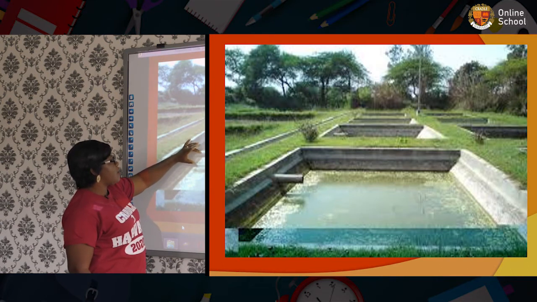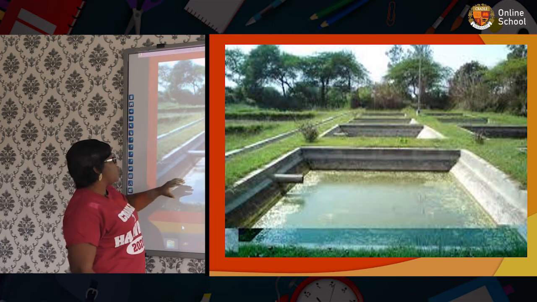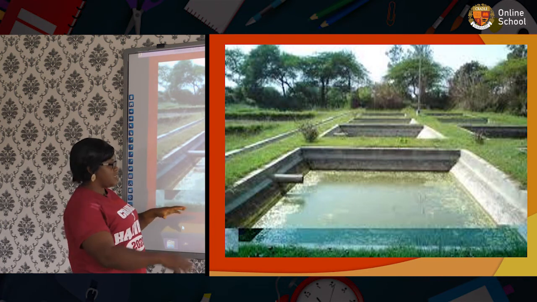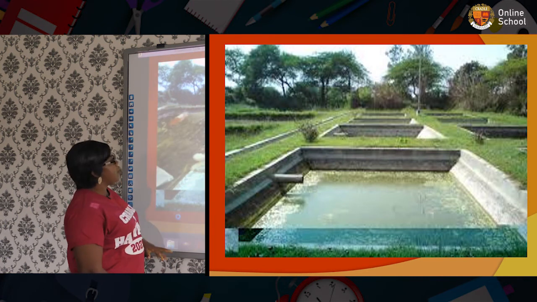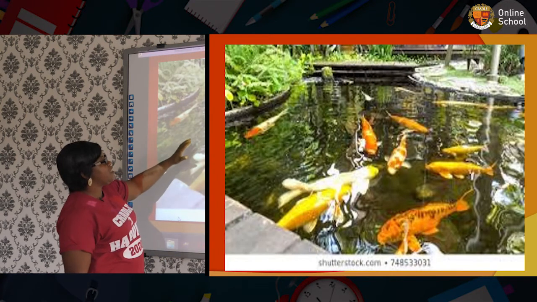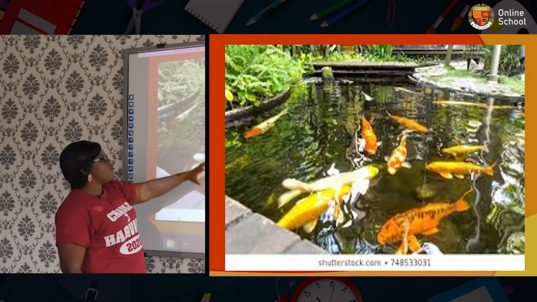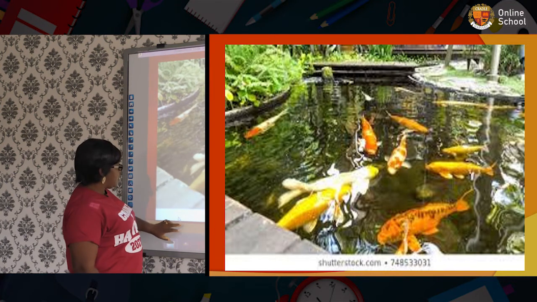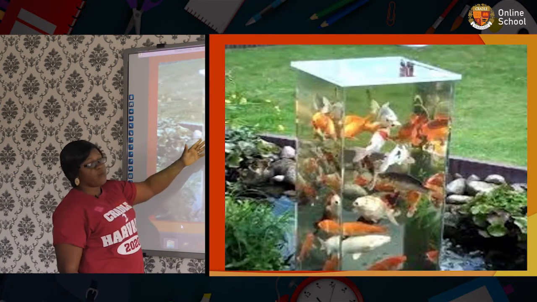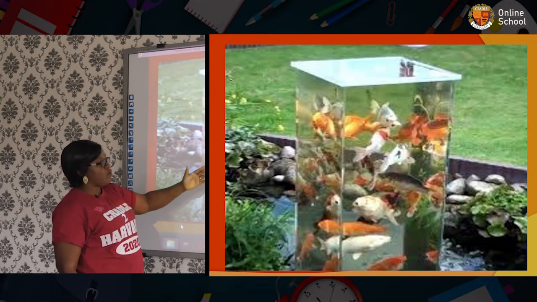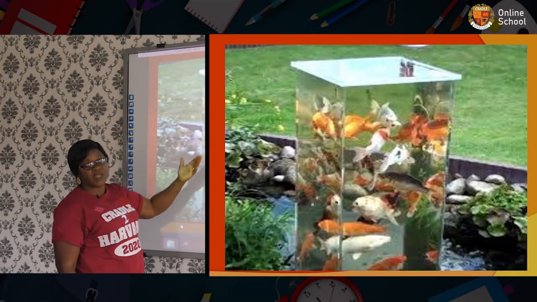This pipe you see here is the water inlet. The water outlet is hidden. Then look at another eating pond with colorful fishes here for entertainment. Then we have aquarium here containing colorful fishes also for entertainment or for home decoration.